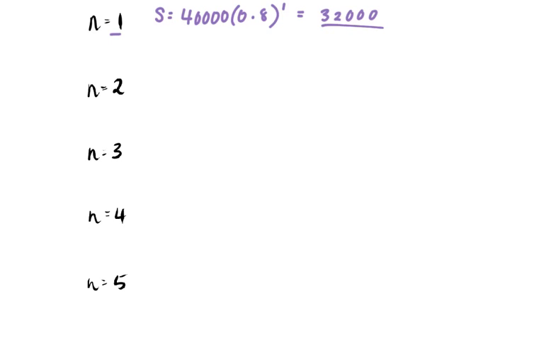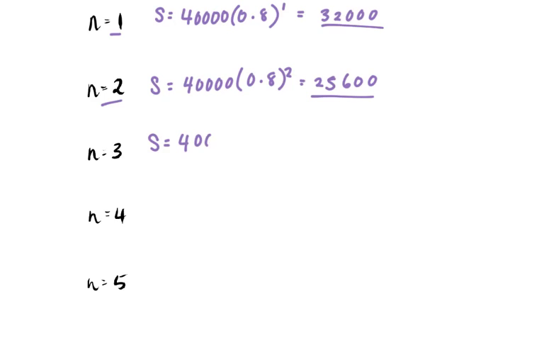So after 2 years, S equals 40,000 (0.8) to the power of 2. And that gives me 25,600. So here is my second set of coordinates. After 3 years, S equals 40,000 (0.8) to the power of 3, which gives me 20,480. So third set of coordinates.